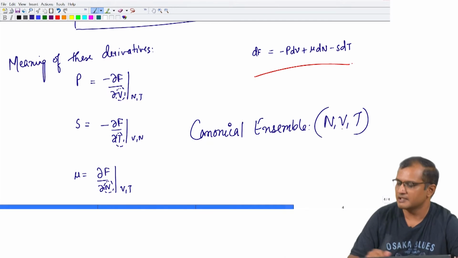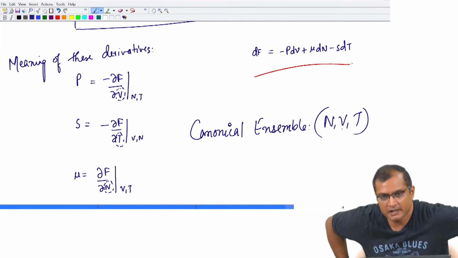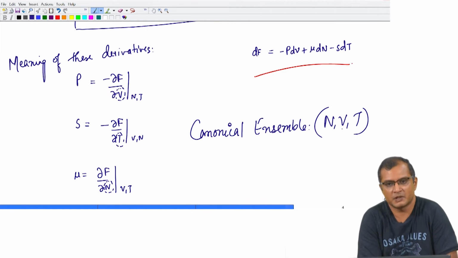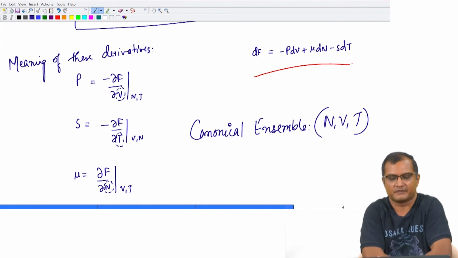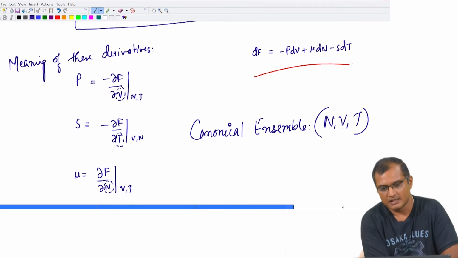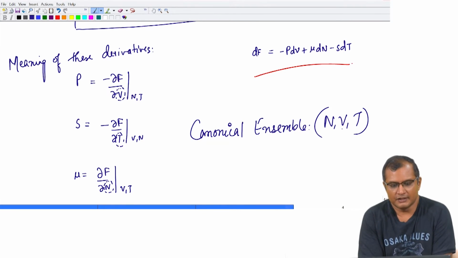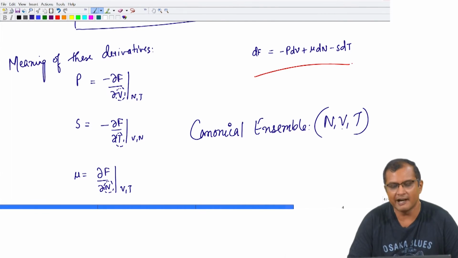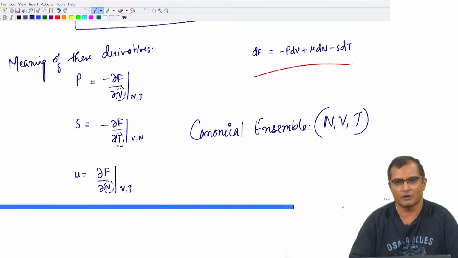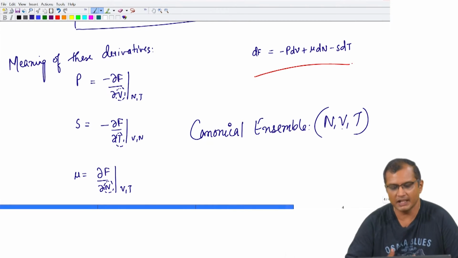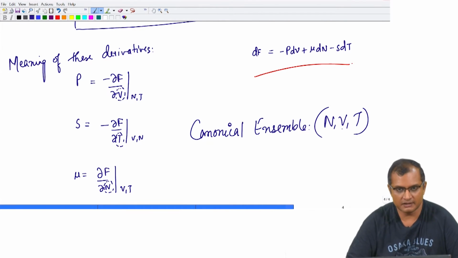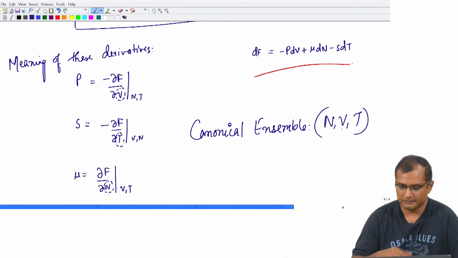A macro state is specified by the triplet N, V, T, and I am taking derivatives with respect to N, V and T. So, what does that mean? Well, it simply means that you have to construct canonical ensembles at different values of V, keeping n and T constant, and simply tell how free energy changes with volume. That will give you the pressure of that system.